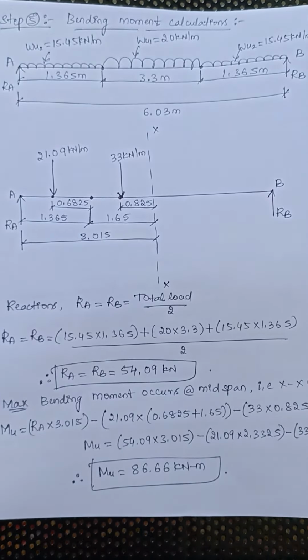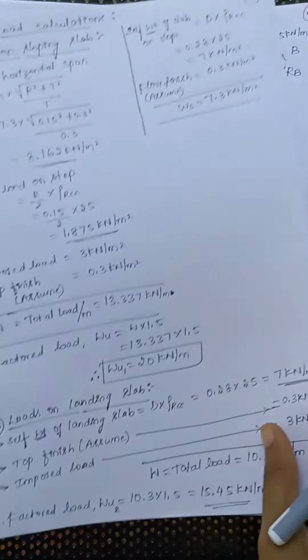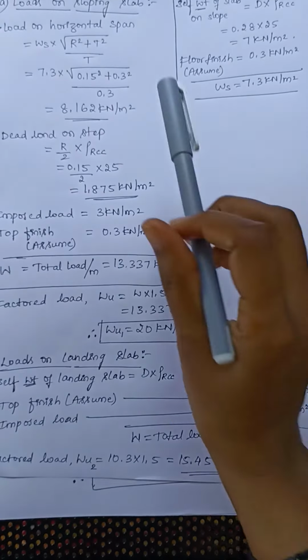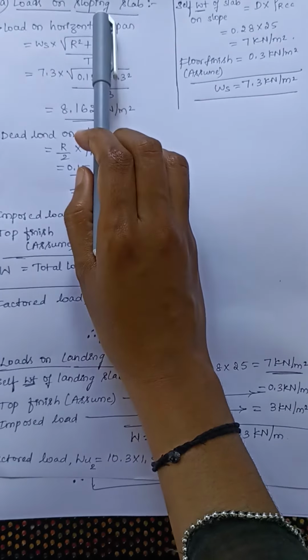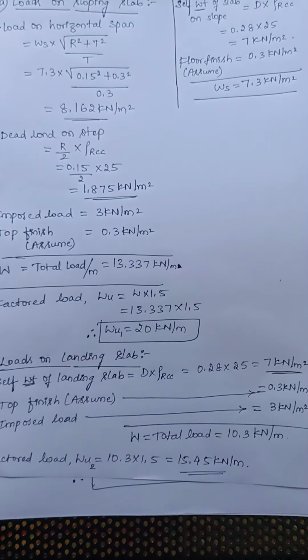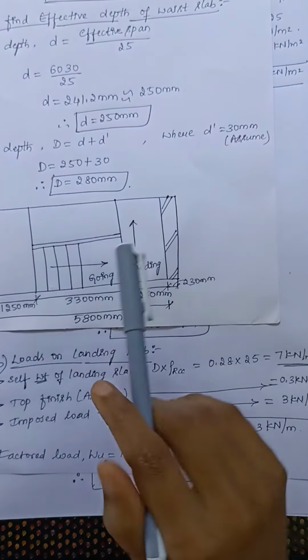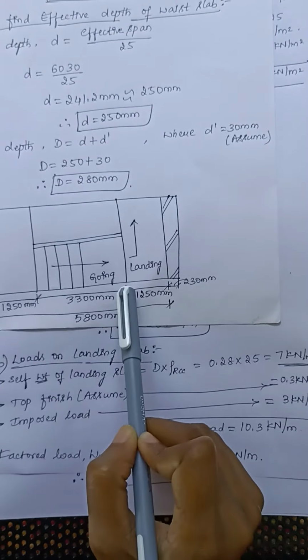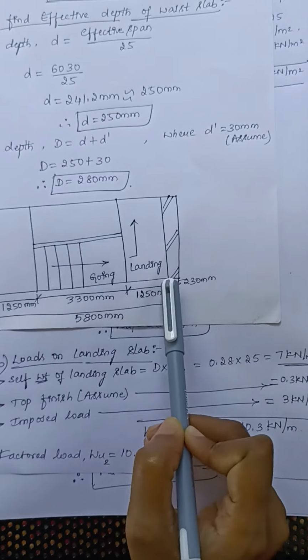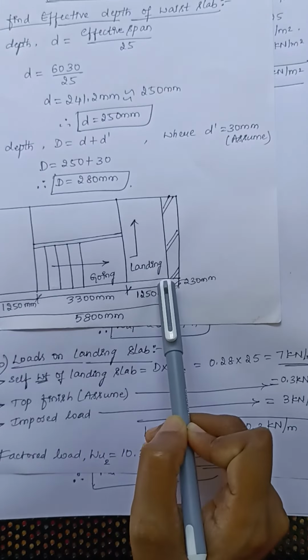Here for the going, we have to consider a value from the loads on the sloping side, because the sloping slab itself represents the going. So this is your sloping slab. From here to here you have the sloping slab, and then you will have the horizontal slab.